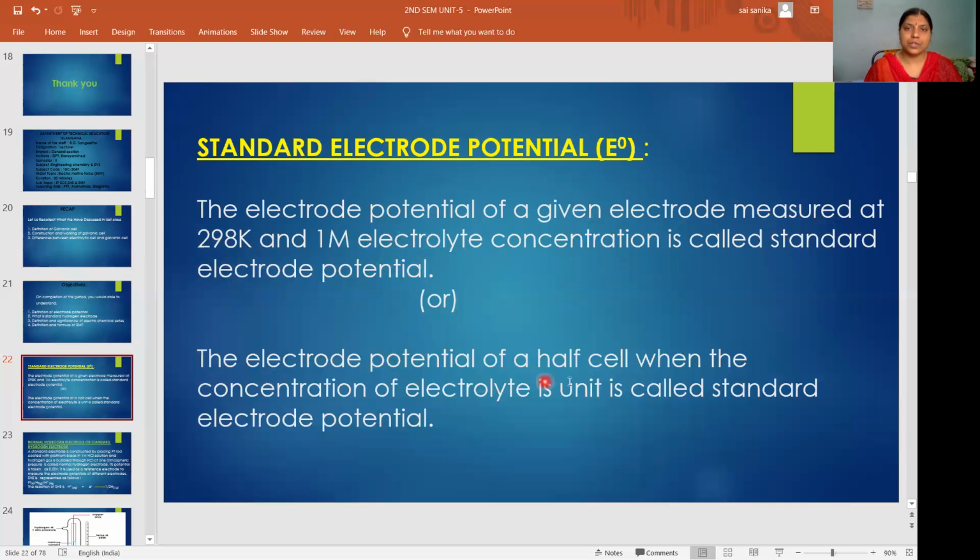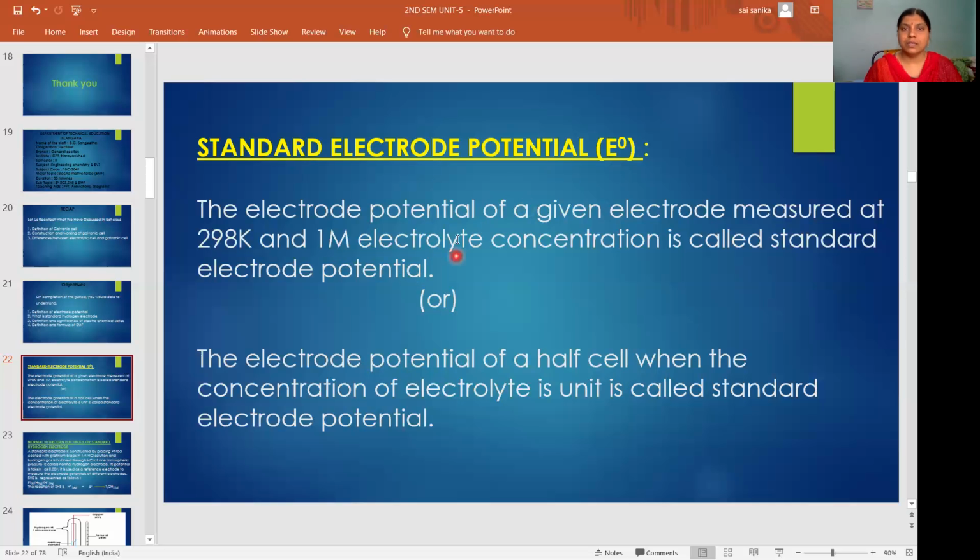The electrode potential of a half cell when the concentration of electrolyte is unit is called standard electrode potential. So when its concentration is 1 unit and the concentration of electrolyte is 1 M, that electrode potential is called standard electrode potential.